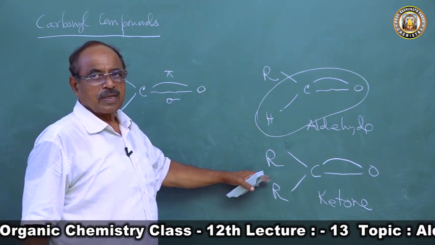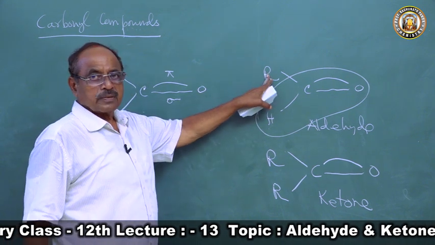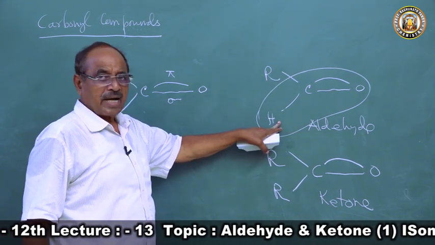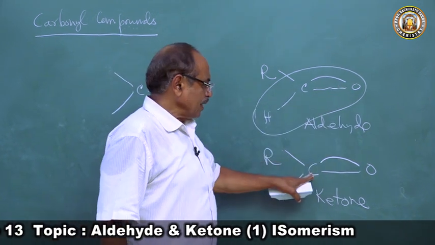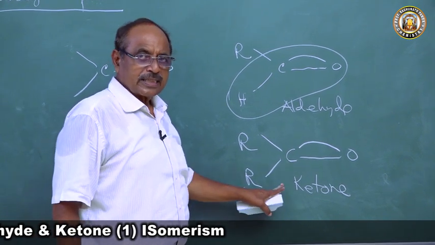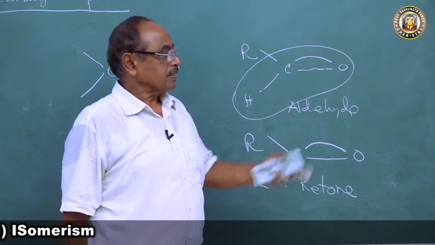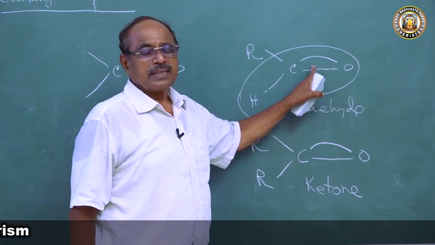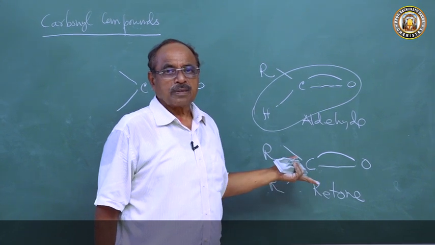When the carbonyl group is bonded to a hydrogen atom and an alkyl group, it is called an aldehyde, and the CHO group is the aldehyde group. When the carbonyl group is bonded to two alkyl groups, it is called a ketone, and here the carbonyl group is a ketonic group.